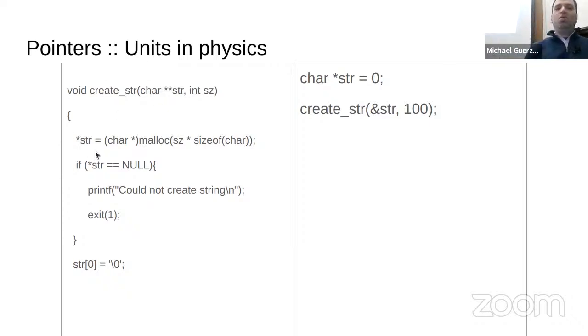And then what about star str here? Well, again, what does malloc return? We cast what malloc returns to char star, because that's how we create a block of chars.